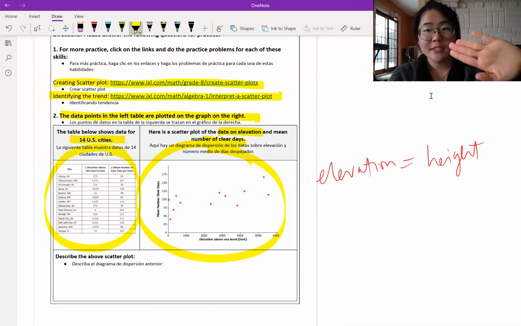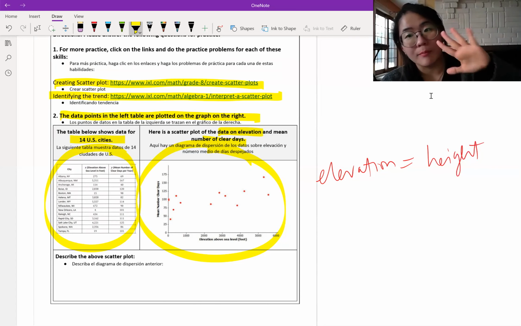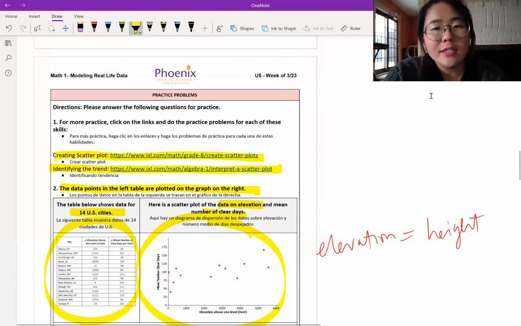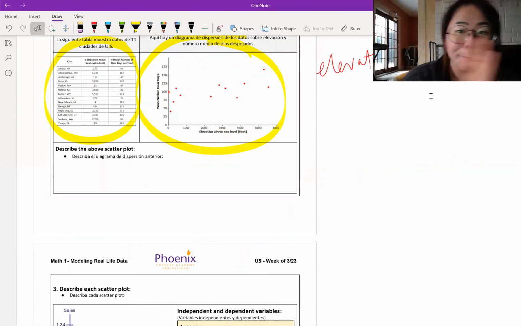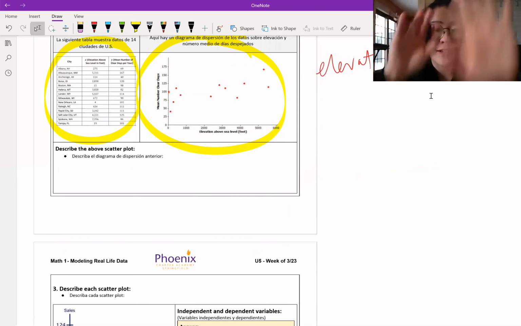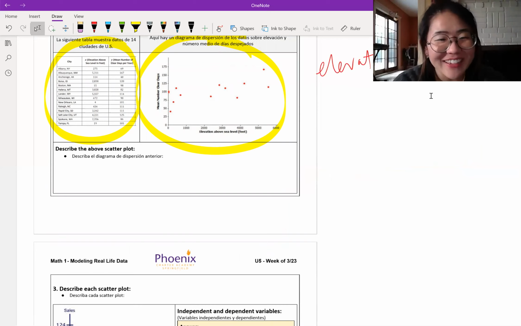So actually pause this video for a moment. I want you to answer this on your own. How would you describe the above scatter plot using these 4 questions as guidelines, okay? So answer these 4 questions when you pause the video, unpause it, and then you can double check whether you got the right answer or not. So take a moment, answer that question. And hopefully you're back. Okay, now we can double check your answer.